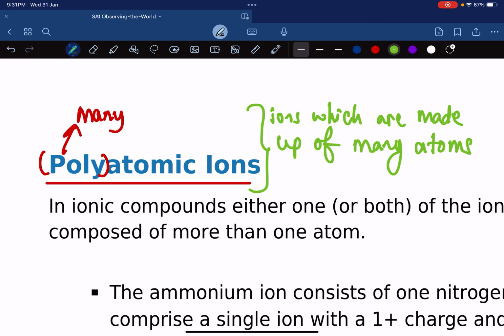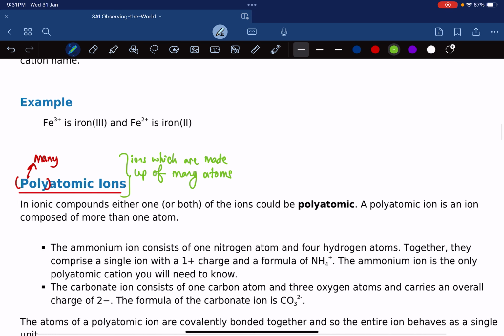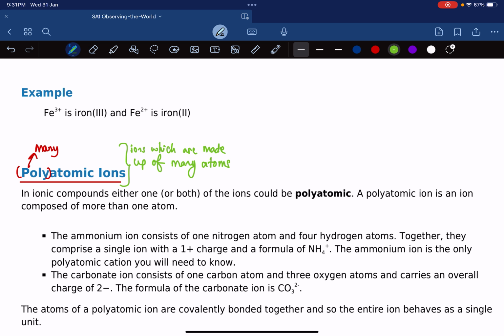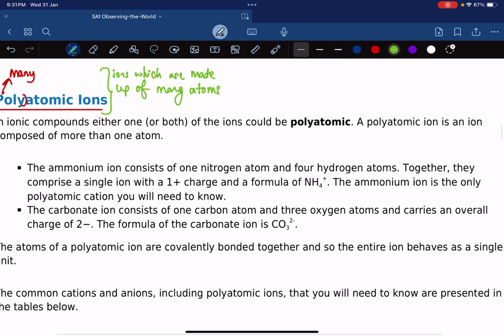In ionic compounds, either one or both of the ions could be polyatomic. A polyatomic ion is an ion composed of more than one atom. So if you look at here, look at this.